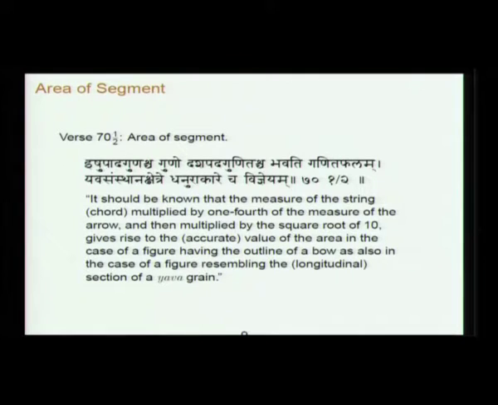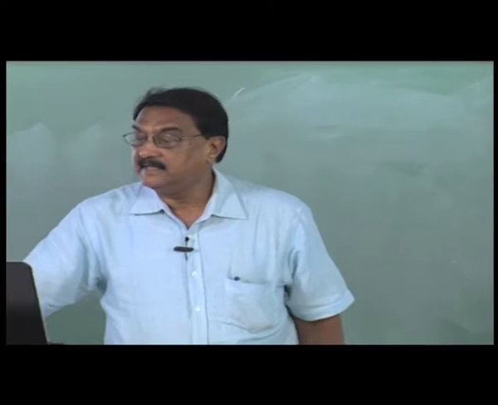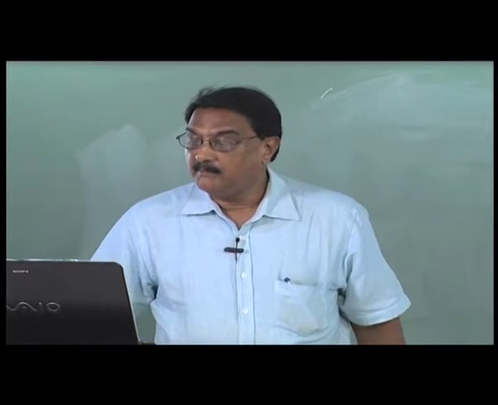Then in that case he says Ishtapada gunascha guno dashapada gunitascha bhavati ganita phalam yavas samsthana kshetre dhanurakare cha vigneyam. So, dhanurakara is essentially the figure of a bow.